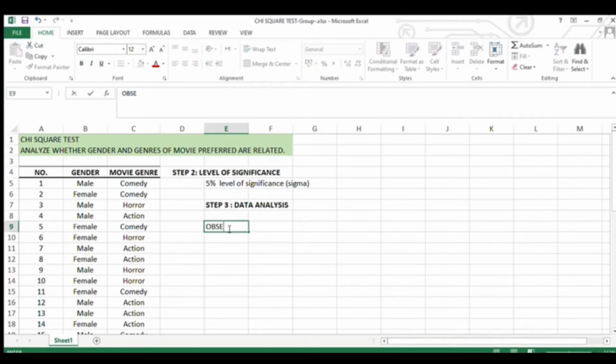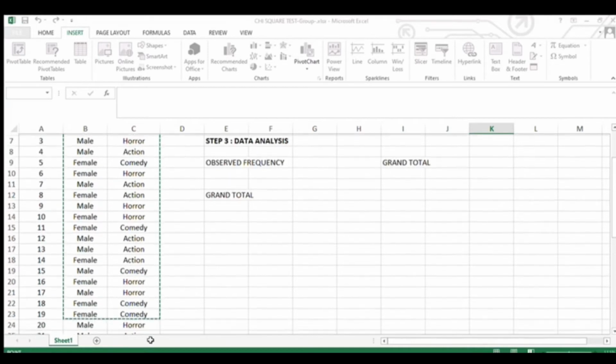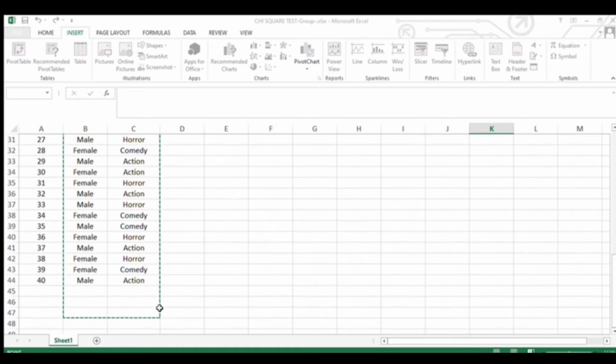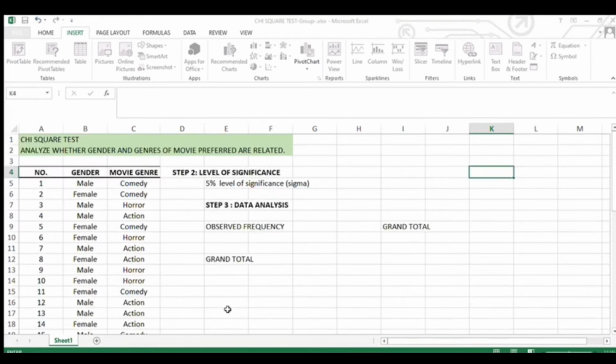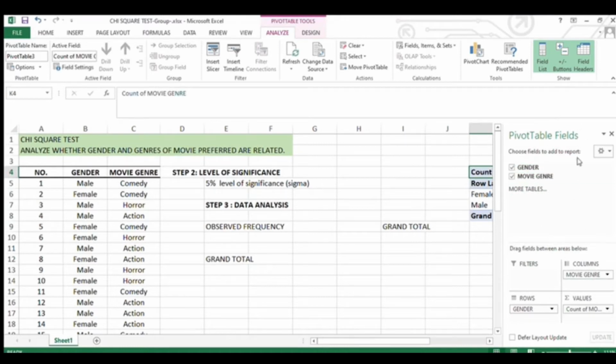For the first one, I insert the table of observed frequency, and then you need to insert the pivot table. In the pivot table, you have to take the range from gender and movie genre till the end of the data, and then you include gender in the rows section, and movie genre in the columns and values section.